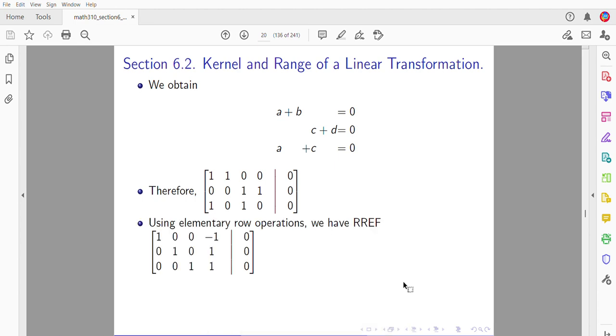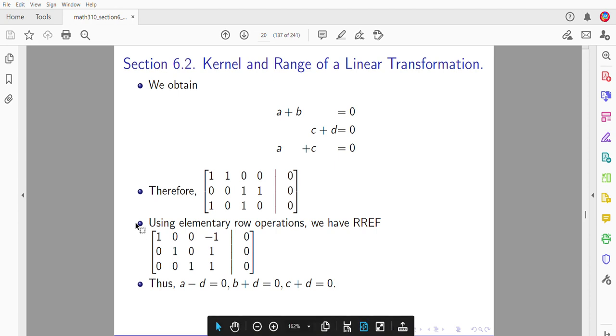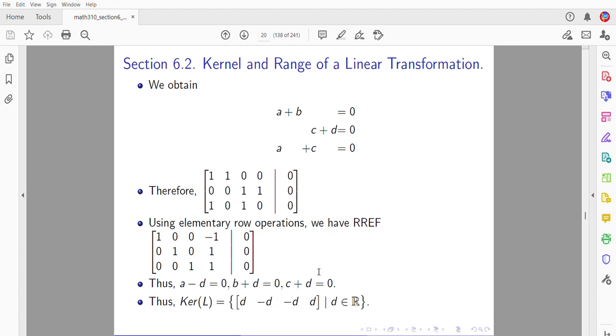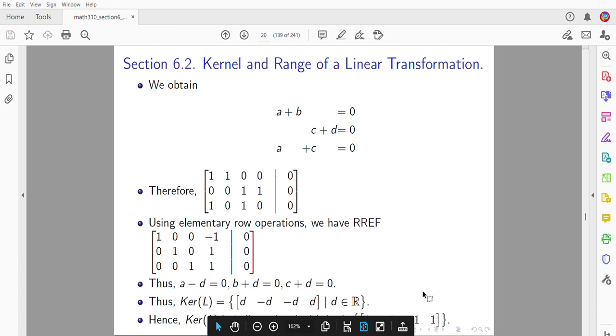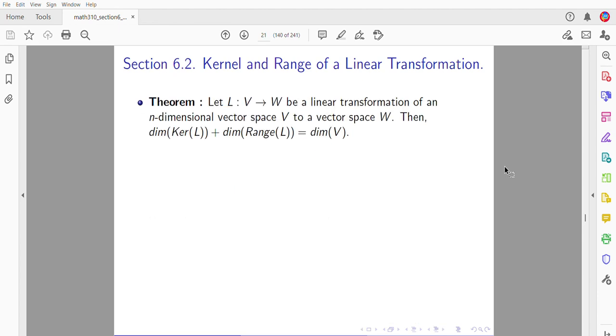You get reduced row echelon form with these particular conditions: A minus D is 0, B plus D is 0, C plus D is 0. That means D can be any real number. A has to be D, B has to be negative D, C has to be negative D. So this is one dimensional. Kernel is one dimensional. There you go: 1, negative 1, negative 1, 1. Okay, let's continue in our next video.